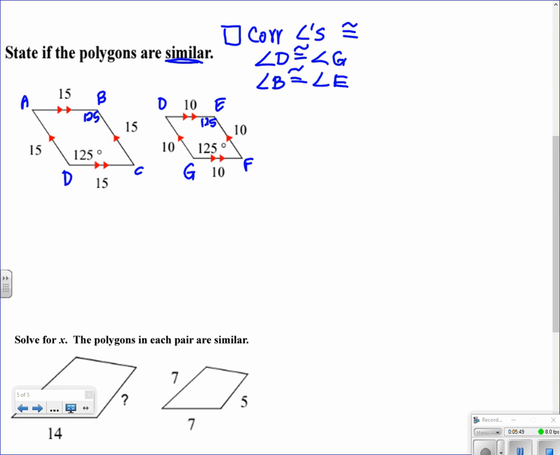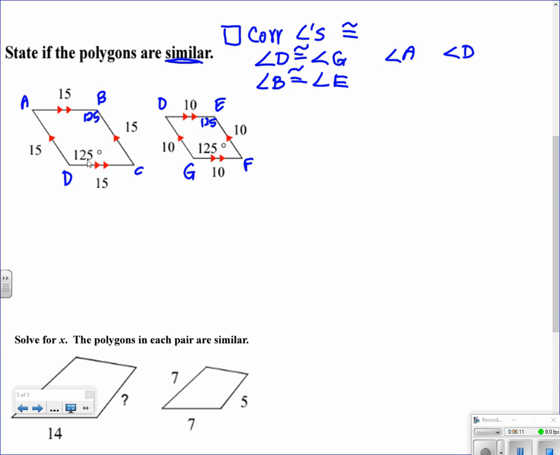Now pick another angle you want from here, any angle you want. Let me pick angle A. Now A is the upper left angle. The upper left angle right here will be angle D. Now, are they congruent? Well, if I knew the measurement, I could say yes, they're congruent, or no, they're not congruent.